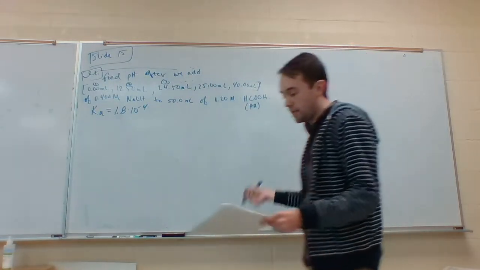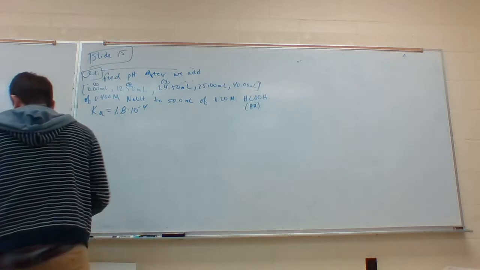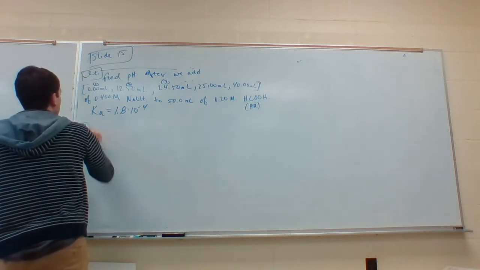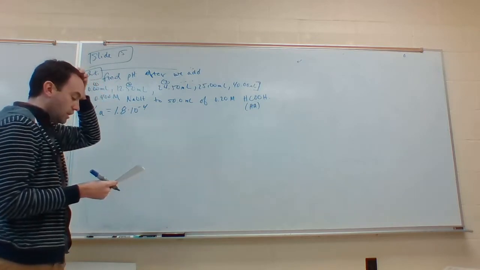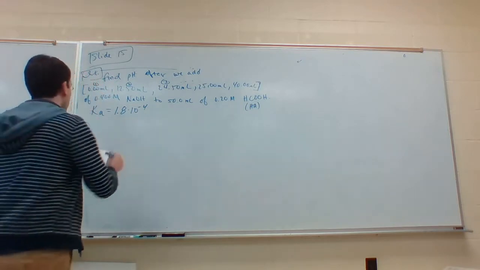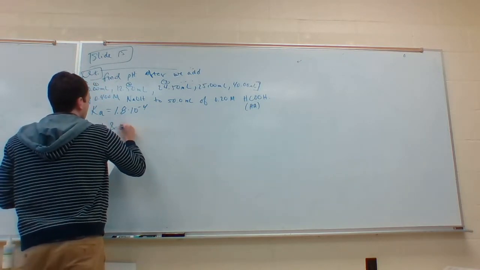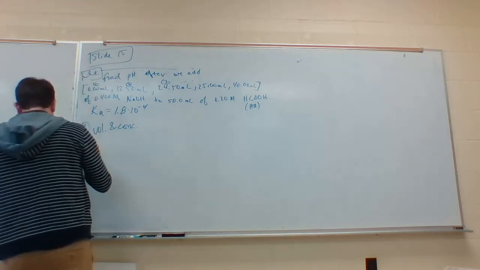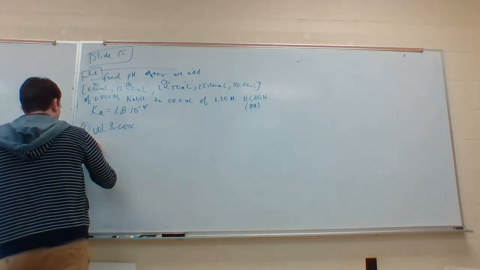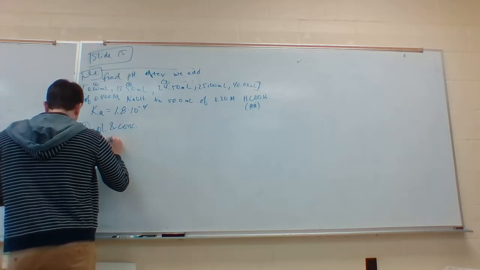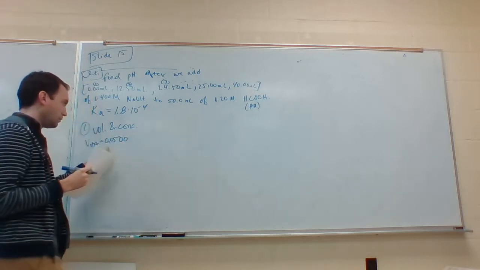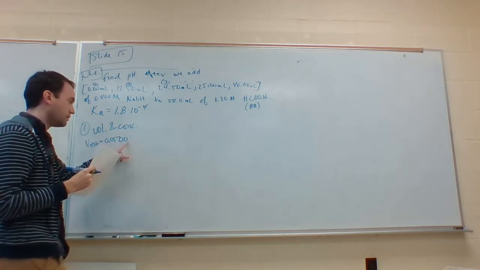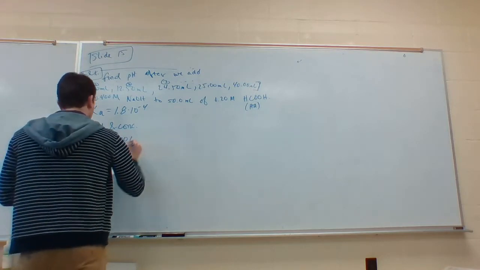Now, how did we say that we started this problem? Since we're dealing with a titration type problem, where we're adding various amounts, the first thing we're going to do is write our volumes and concentrations. So we have a volume of acid of 0.0500 liters.